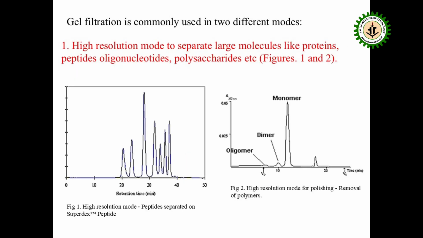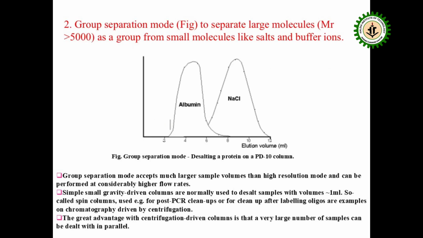Gel filtration is commonly used in two different modes. The high resolution mode separates large molecules like proteins, peptides, oligonucleotides, polysaccharides, etc. Figures 1 and 2 represent the main points of the high resolution mode. The group separation mode, shown in the figure on the slide, separates large molecules greater than 5000 Dalton as a group from small molecules like salts and buffer ions.